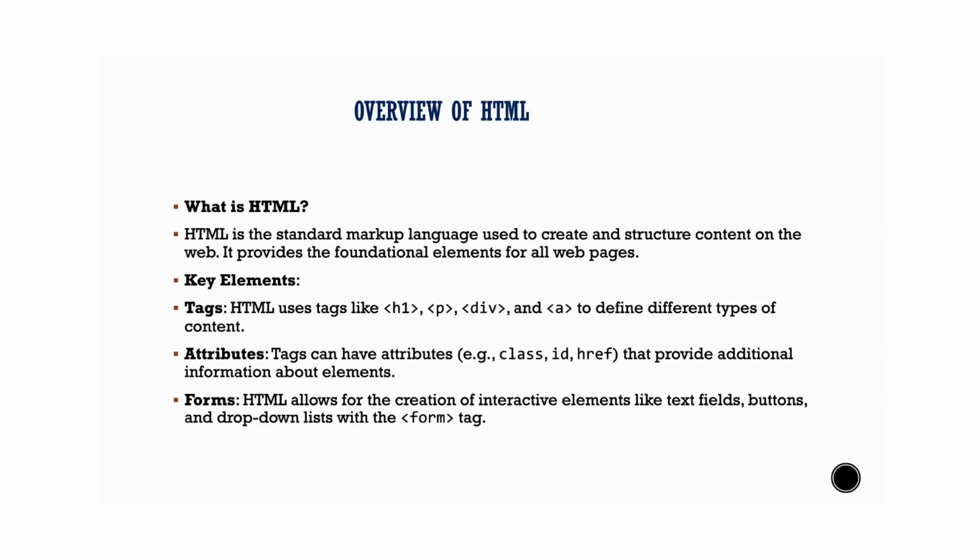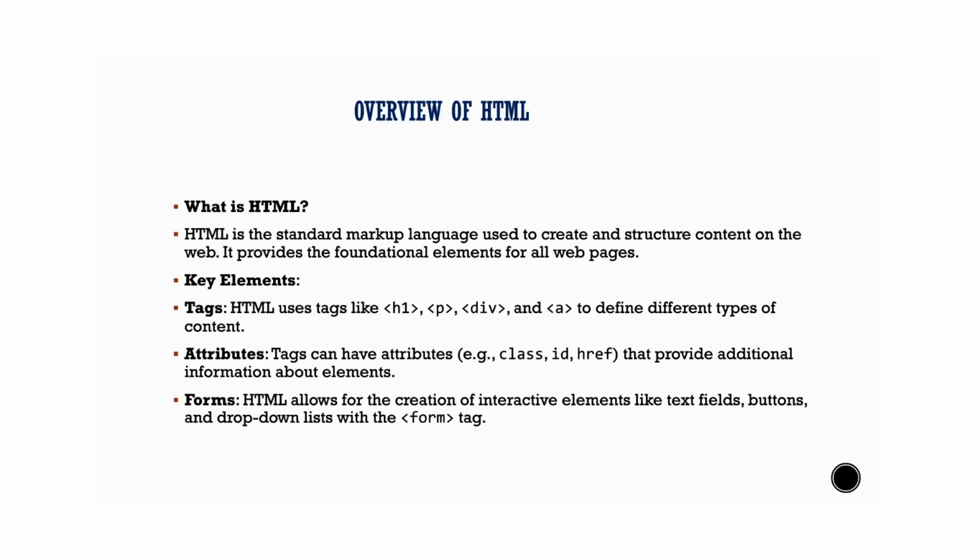HTML is the foundation of any web page. It defines the structure of content and consists of various elements known as tags. What is HTML? HTML stands for Hypertext Markup Language. It is the standard markup language used to create web pages and web applications. HTML documents are composed of elements that define different parts of the content.